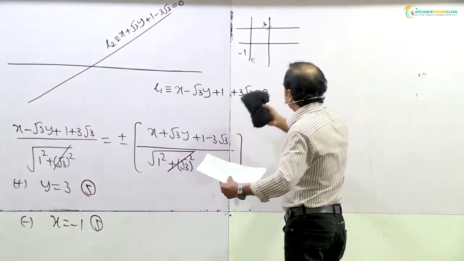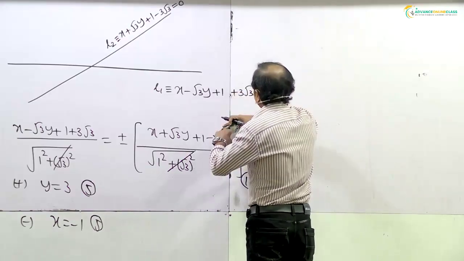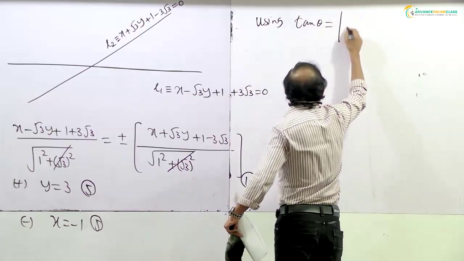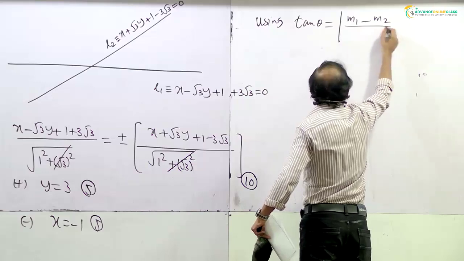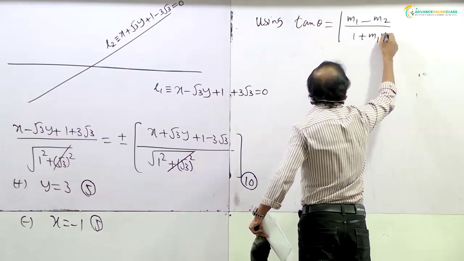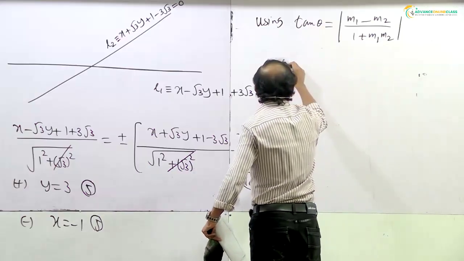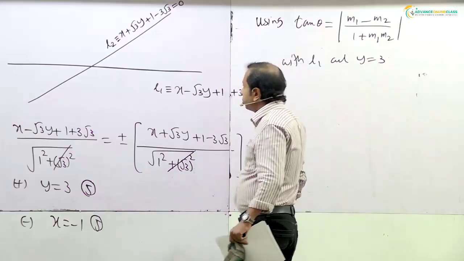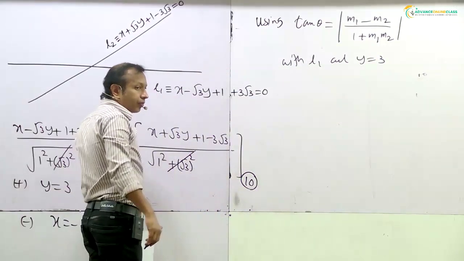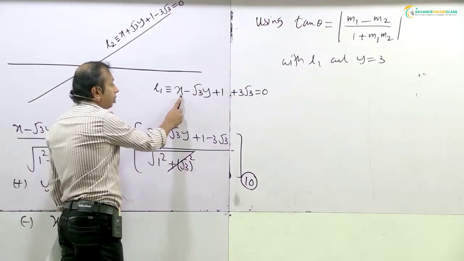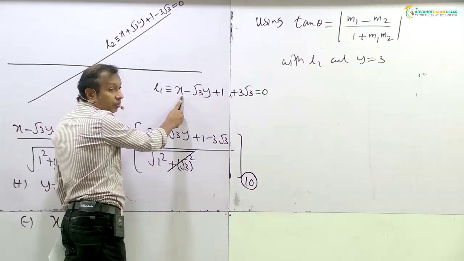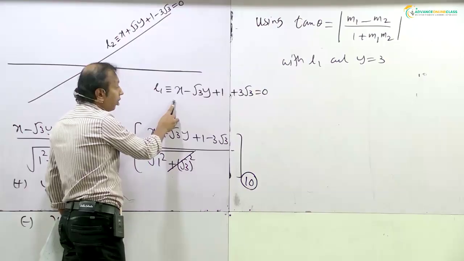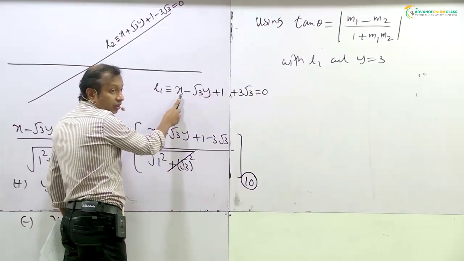What is the formula we use? Tan theta equals modulus of m1 minus m2 divided by 1 plus m1 m2, with L1 and y equals 3. Tell me the gradient of L1. Make y the subject, find the x coefficient, take the right hand side, divide by root 3. The gradient is 1 over root 3.